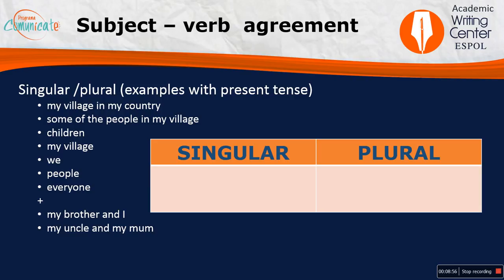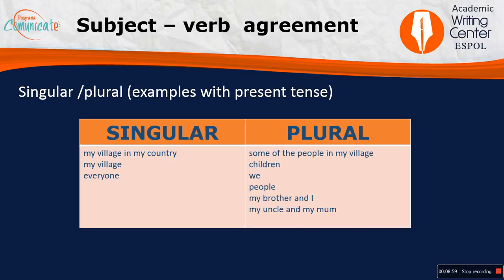Starting again, let's see the answers. So if we were using the verb be, then with the singular form we might be using is or was, is in the present tense, and in the plural form are.